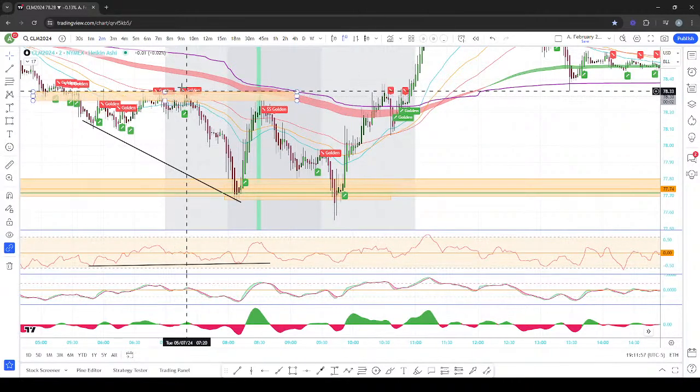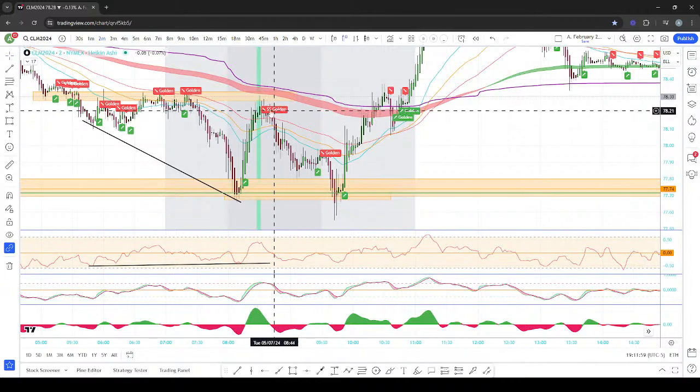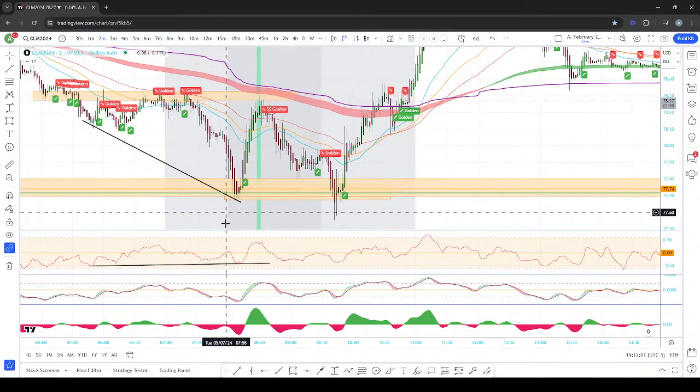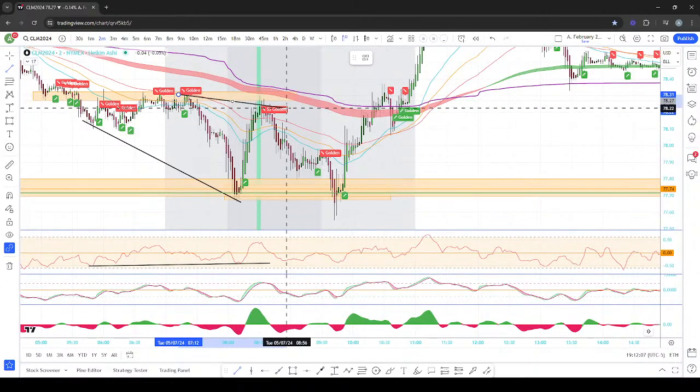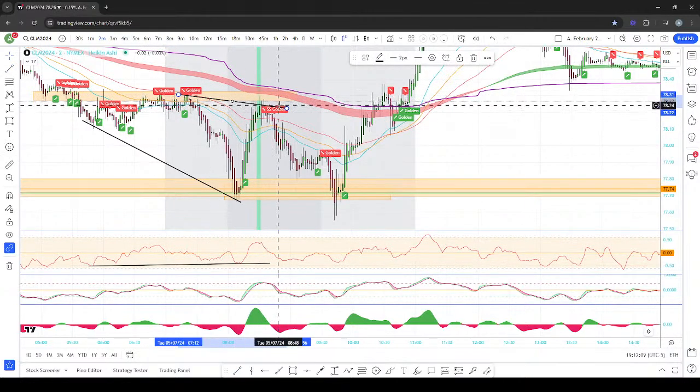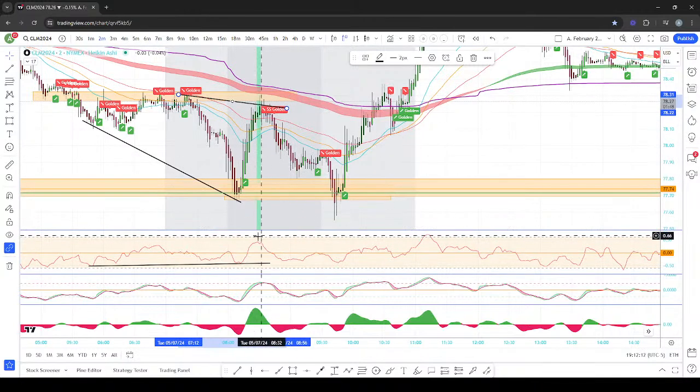But I always like to find a nice divergence. So this will be a nice hidden bearish divergence is what we will be looking for, from this peak right in here to this peak. Okay, obviously we want to go down.